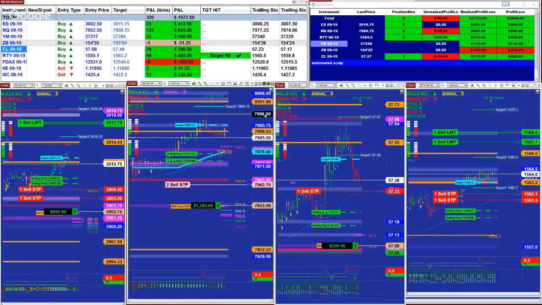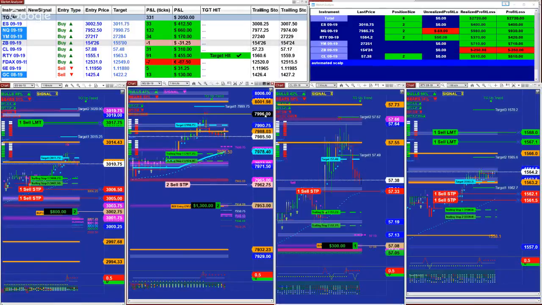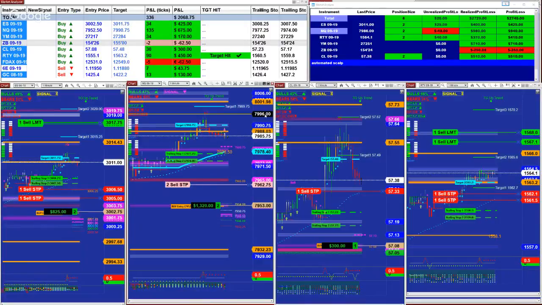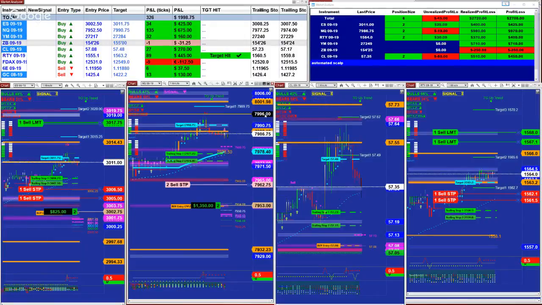Those are your bread and butter tools to make a living. Let the auto trade take that trade, and you just manage it by understanding what's going on in the market and when you need to stop any auto trade, whether it's from us or somebody else.